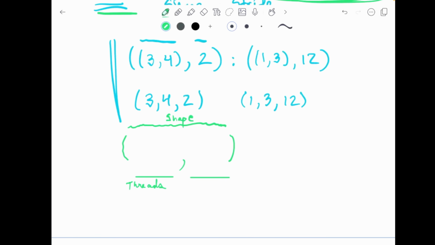And so logically, it could be a different number of modes, right? Your threads could be one-dimensional, two-dimensional, or whatever. If they're more than one-dimensional, it's going to be a nested tuple here.